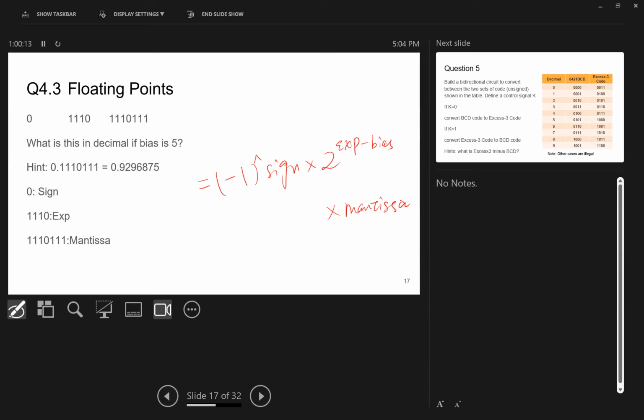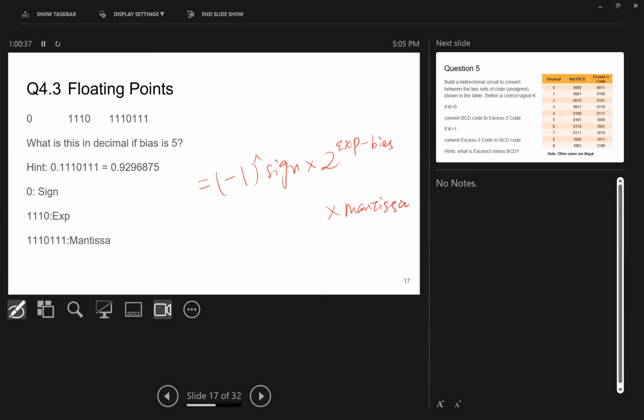So the exponent here is 1110, and it should be 14, right? And then 14 minus the bias is 5. The bias is 5 here. So 14 minus 5 should be 9 here.